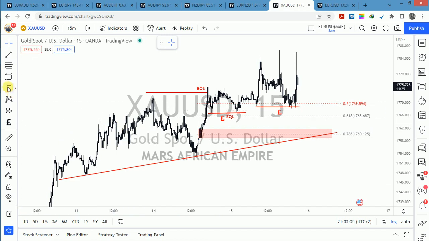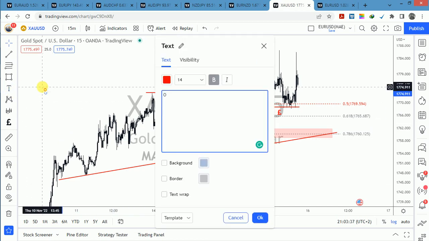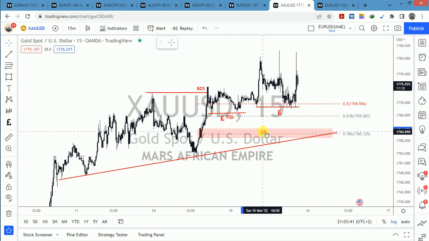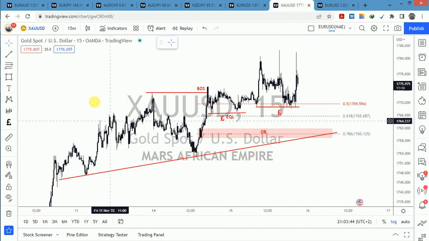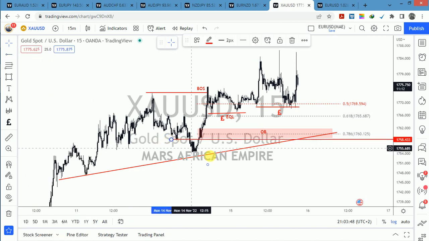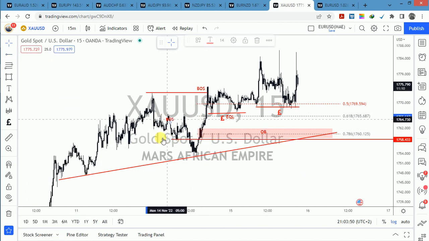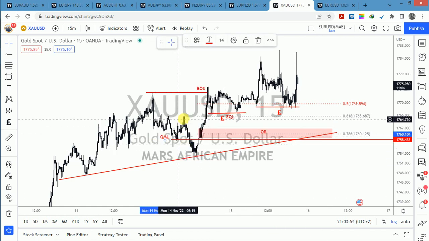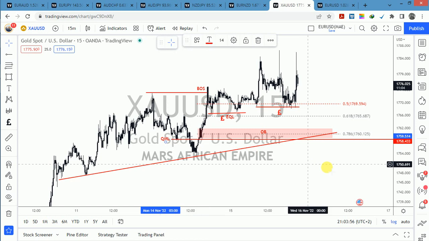So this order block here, OB, and then also I can see there is a nice QML here.